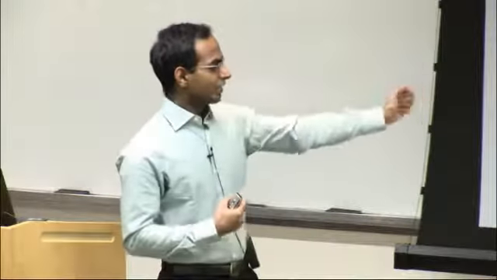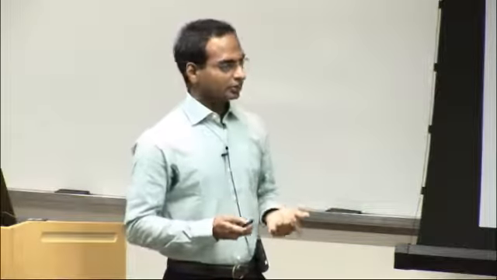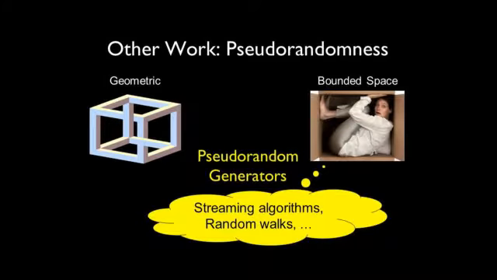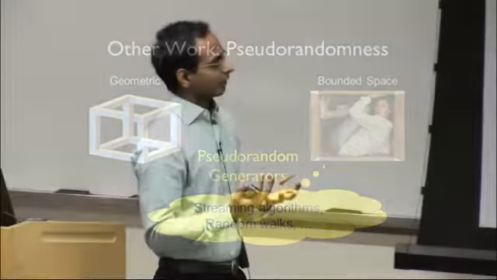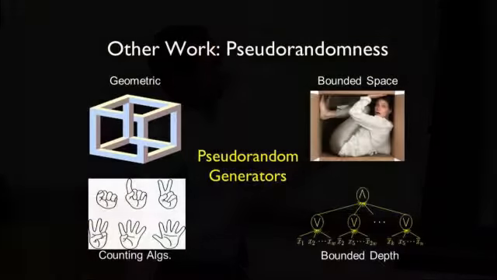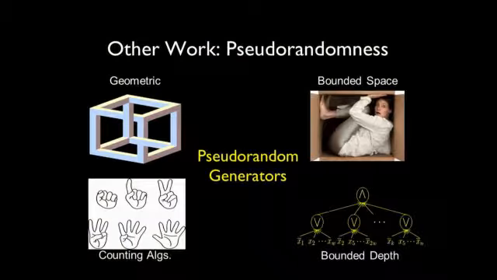And here the pseudo-random generators are naturally motivated by questions in complexity theory, but they also have applications in algorithms, especially to dimension reduction, counting solutions to integer programs, and so on. And to bounded space algorithms, where they're helpful for making some streaming algorithms efficient and simulating random walks efficiently, and so on, to bounded depth circuits and to counting algorithms.